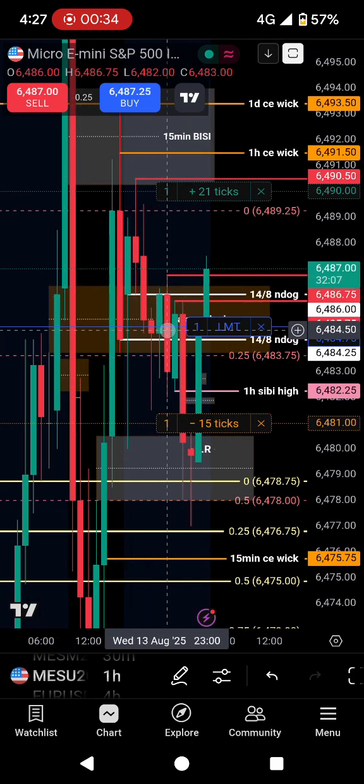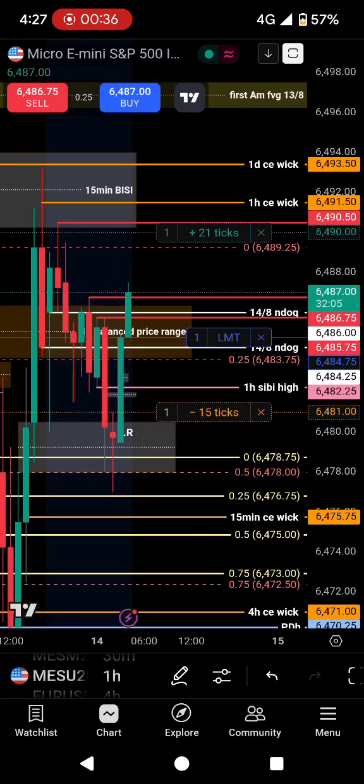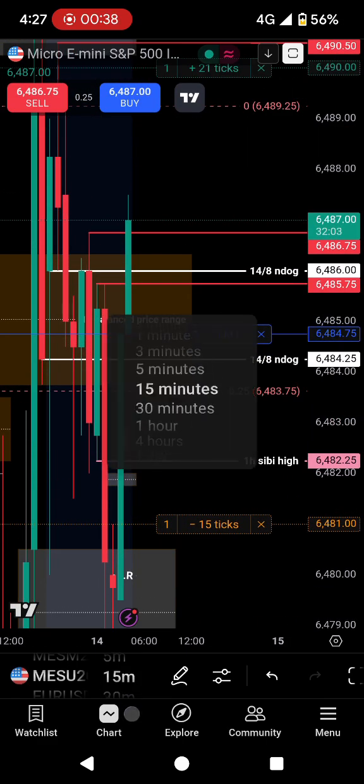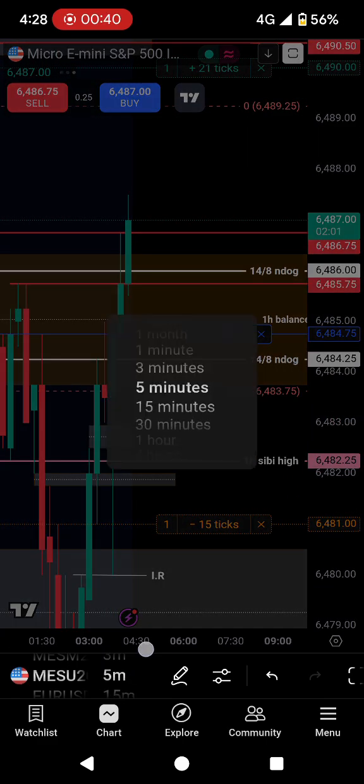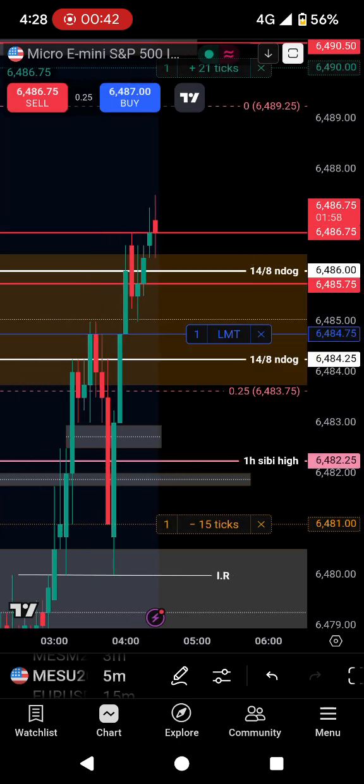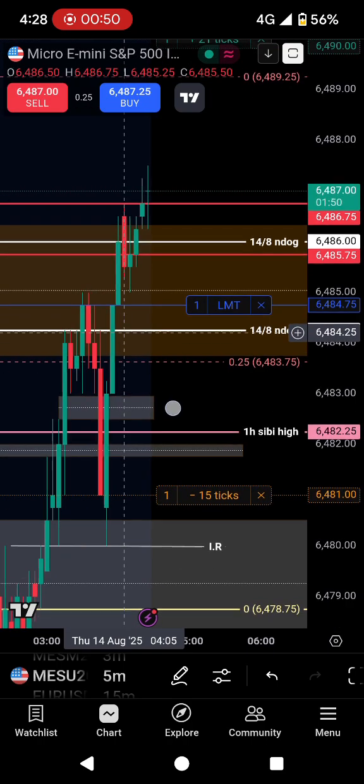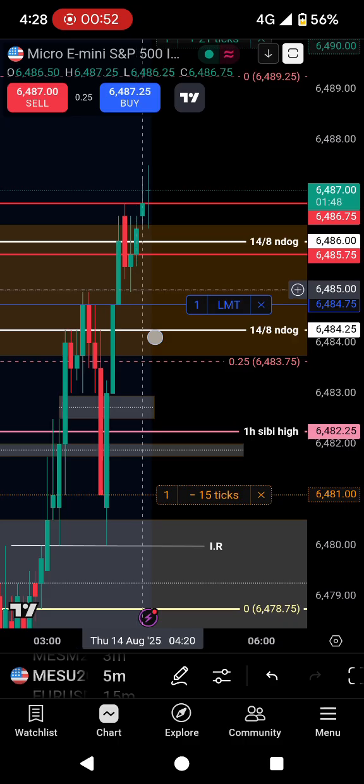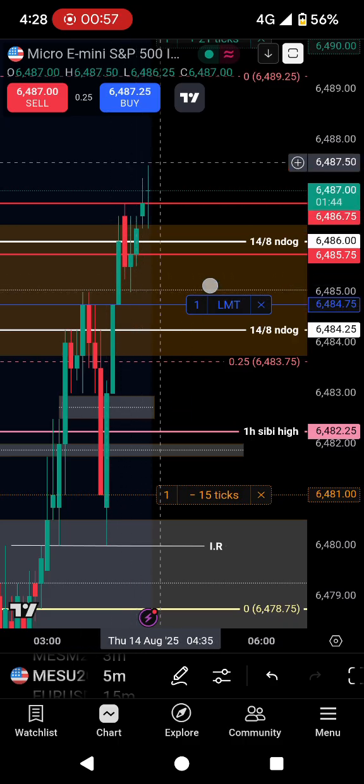Sometimes you miss the move, they don't give you the fill, and that's it. So you can see price stopped at the 1 hour balance price range, the BC here, and now we start leaving it already.